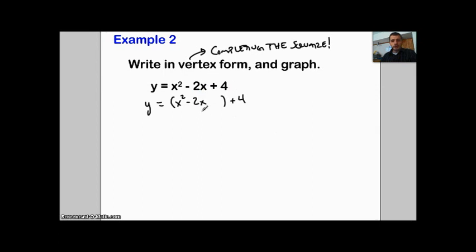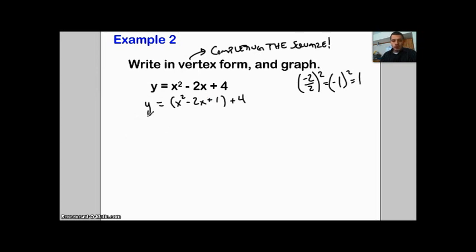The b value is -2, so it's going to be -2 divided by 2, all squared. -2 divided by 2 is -1, and then -1 squared is 1. Now, here's where it gets different. I'm going to add 1 inside. Usually you're used to adding the same value to the other side.